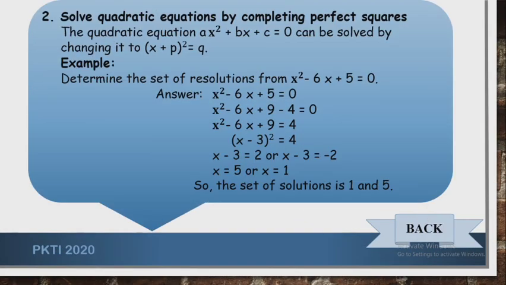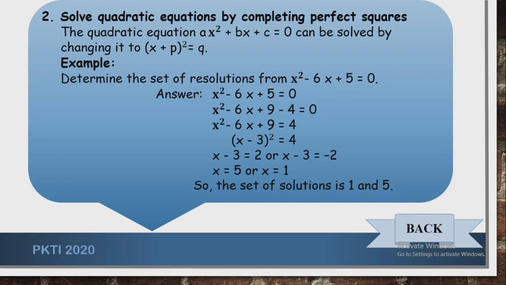2. Solve quadratic equations by completing the perfect square. The quadratic equation ax² + bx + c = 0 can be solved by changing it to (x + p)² = k. For example, determine the solution set of x² - 6x + 5 = 0.